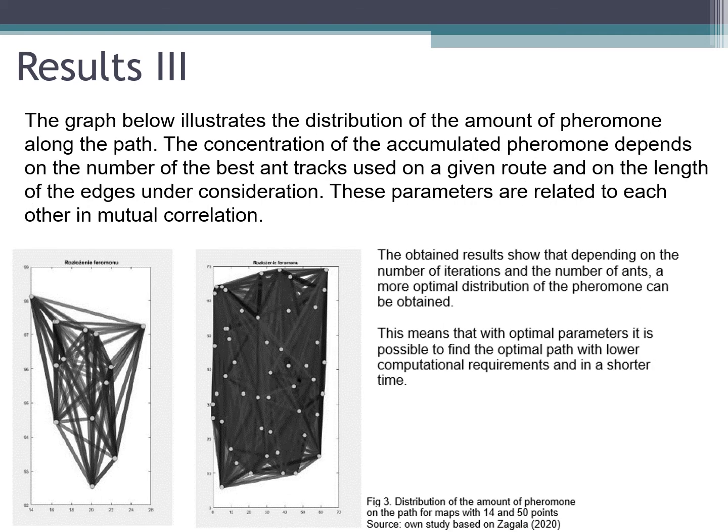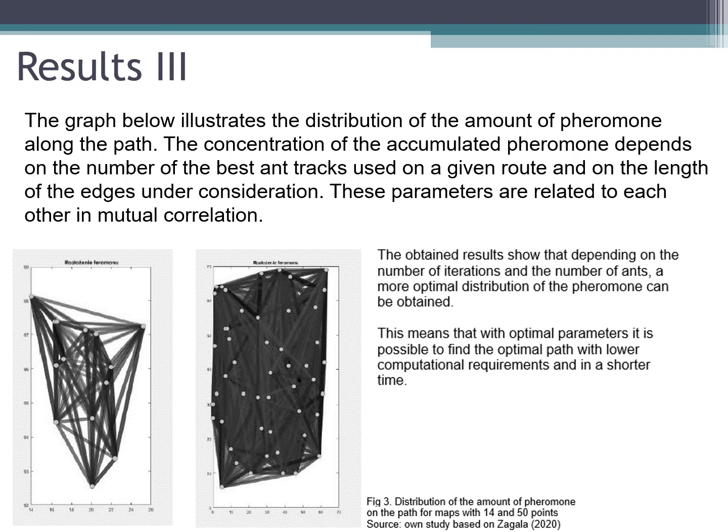The graph below illustrates the distribution of the amount of pheromone along the path. The concentration of the accumulated pheromone depends on the number of the best tracks used on a given road and on the length of the edge under consideration. These parameters are related to each other in mutual correlations.